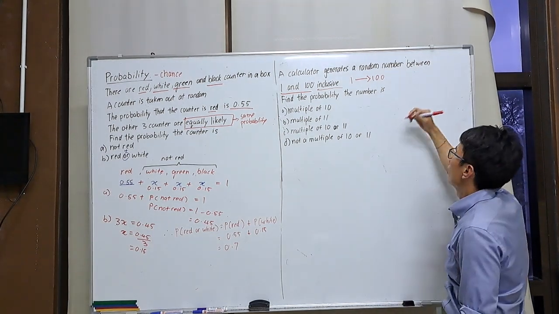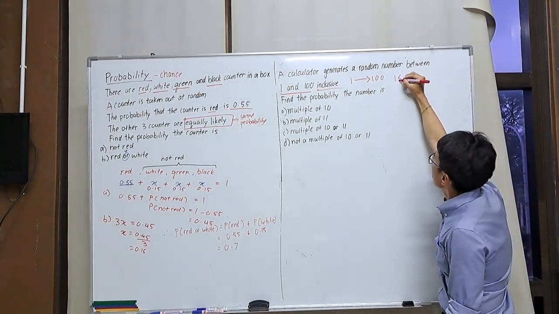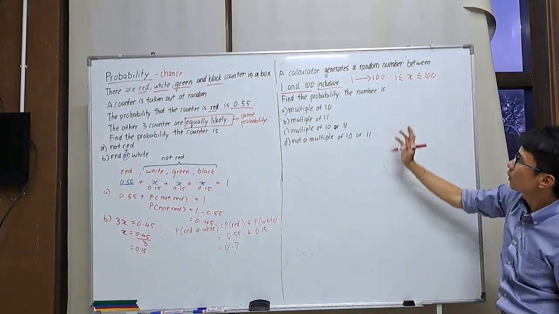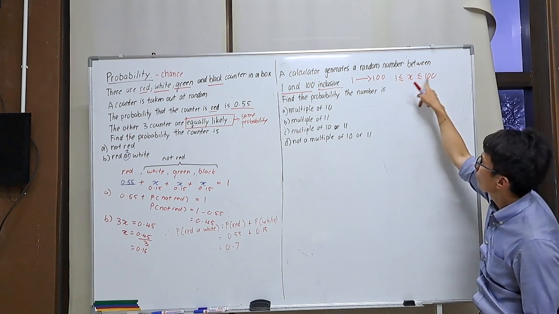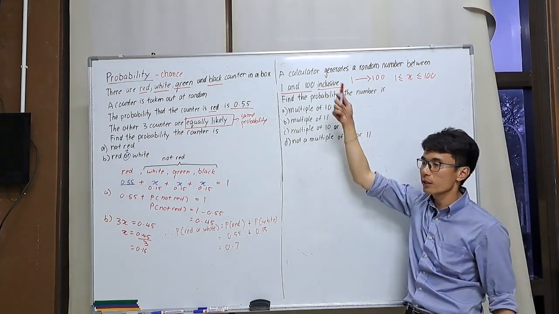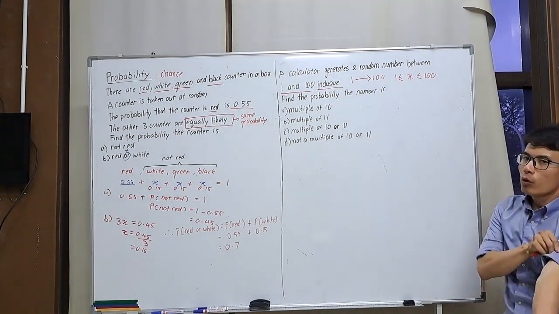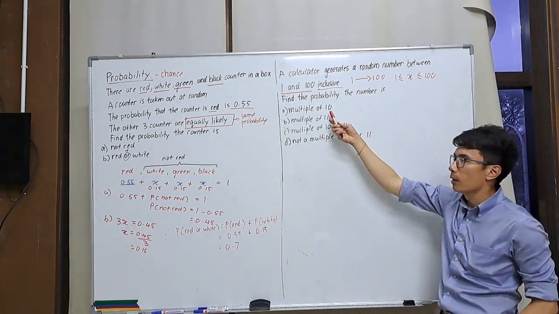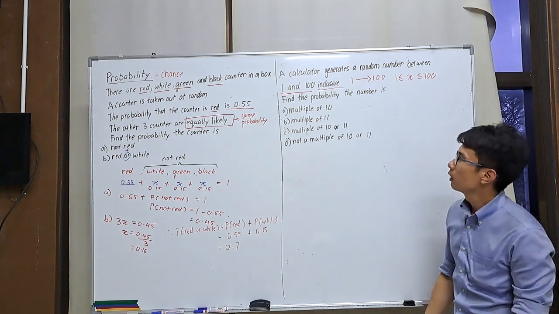Or mathematically, we can write it like this. So we are including all the numbers from 1 to 100 here, inclusive. Now, over here, they ask you to find the probability that the number is a multiple of 10.